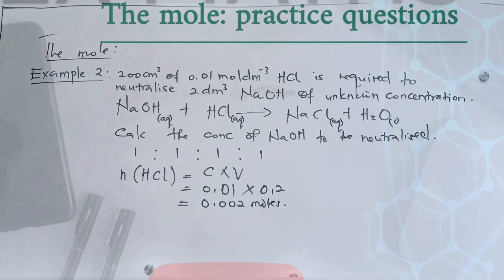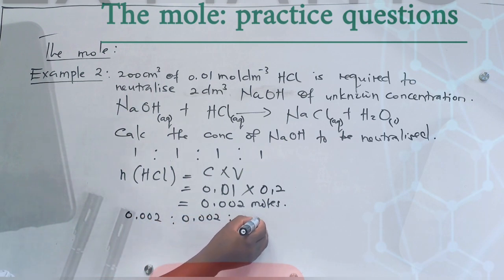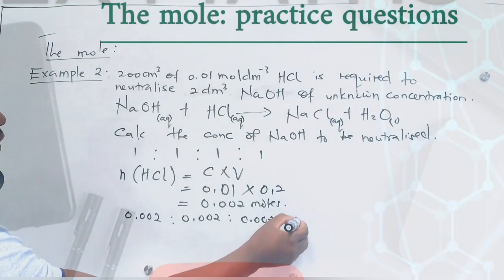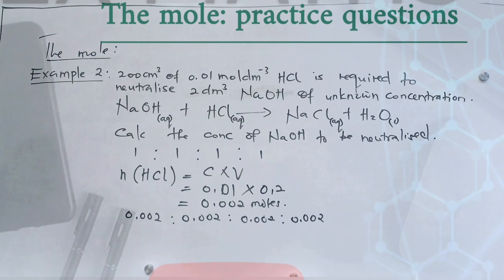So now we need to write the new ratio. The new ratio is now 0.002 to 0.002 to 0.002 to 0.002. So now I want to calculate the number of moles of sodium hydroxide to be neutralized.